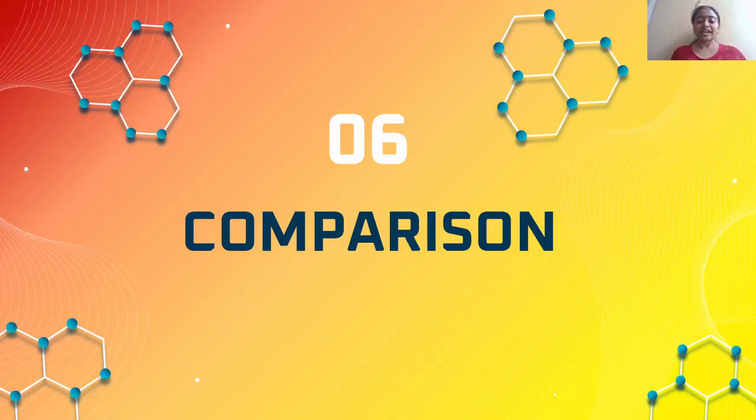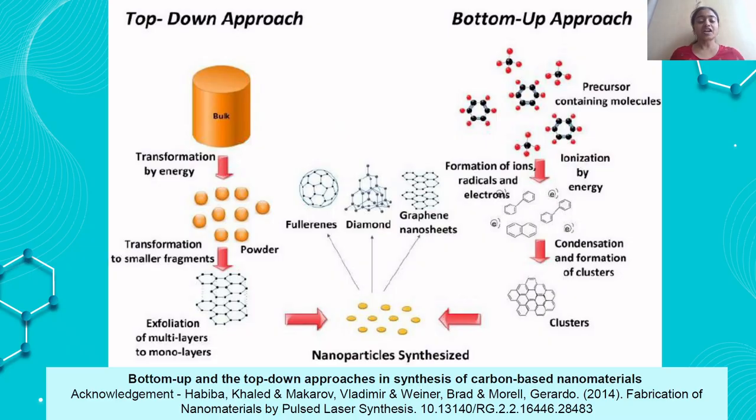Now we will compare the aspects of these two approaches. Here is a combined image of both the approaches in synthesizing carbon nanomaterials. The carbon substances are transformed into smaller fragments which are split into monolayers of graphene to form nanoparticles. This is the top-down approach.